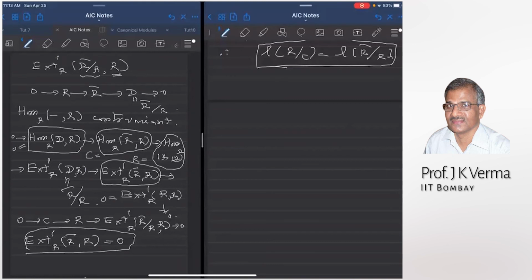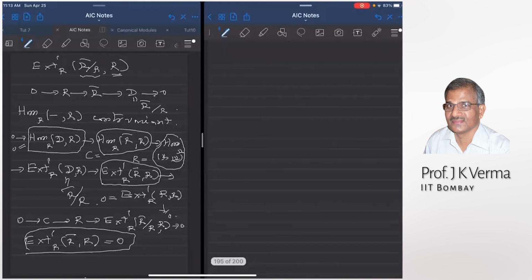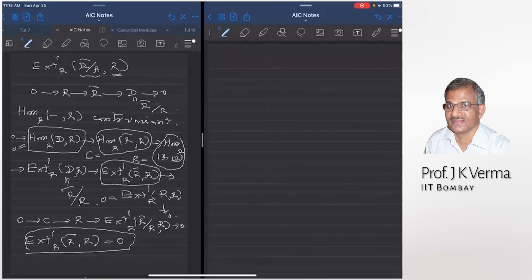I want to now begin developing the theory of canonical modules. I'll do some preliminaries. I think I have about 15 more minutes. Canonical module. So we will study these for Cohen-Macaulay local rings.